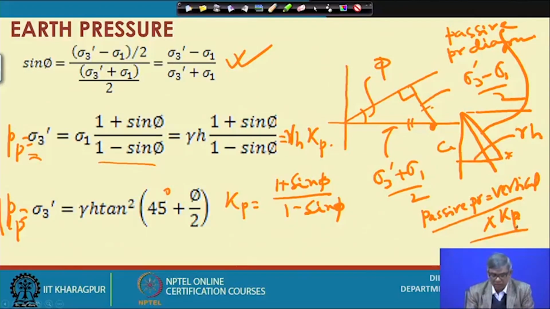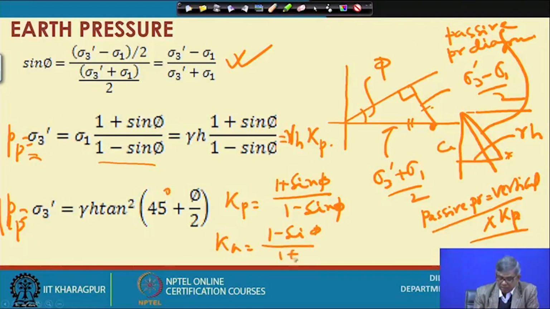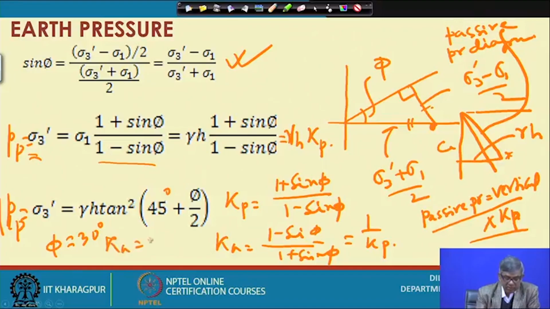So, we have got Kp now from the Mohr circle, and you can recall we got Ka equal to 1 minus sin phi by 1 plus sin phi. So, you can see from there Ka will be nothing but 1 by Kp. Okay, if you have phi equal to 30 degrees, then you will see Ka will be 1 by 3.